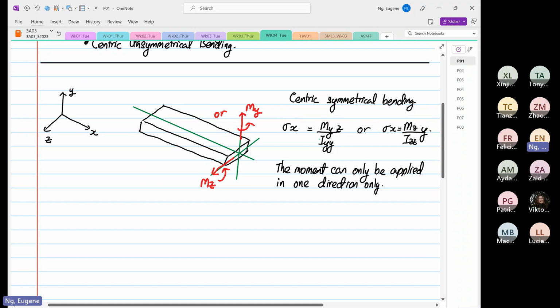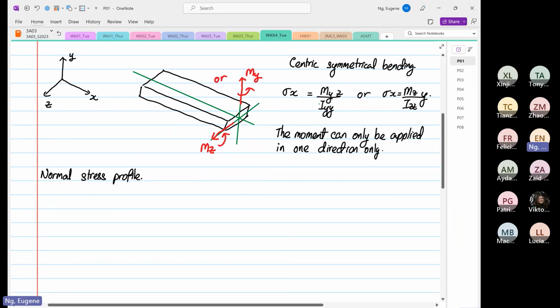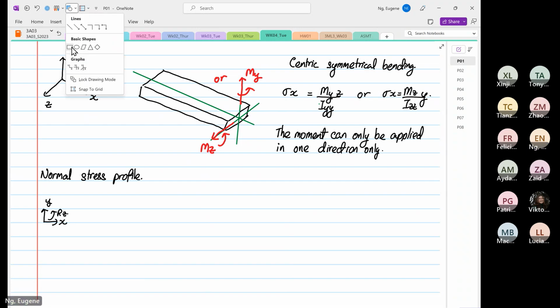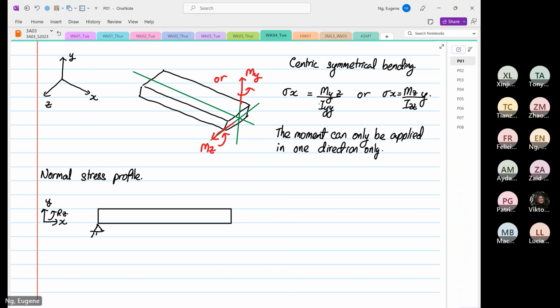So we are talking about the normal stress profile. If I have a structure, this is X, and this is Y, and this is rotation about Z. We have a beam, and one side of the beam is a pin, and the other side is a roller.